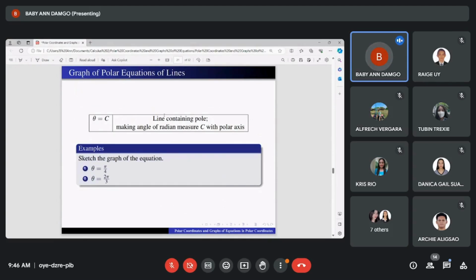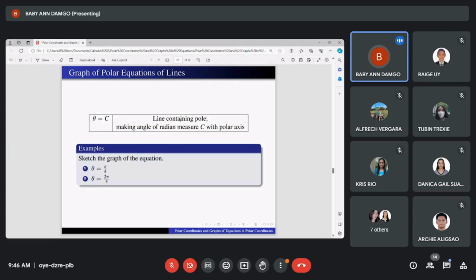So we have a line containing the pole. The pole, class, means the point 0, 0 if you are in rectangular coordinates. This is the pole, making an angle of radian measure C with the polar axis.